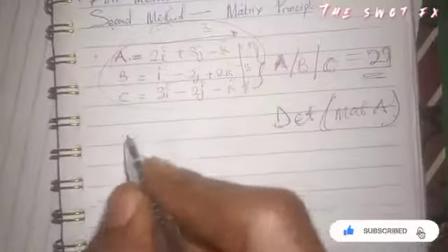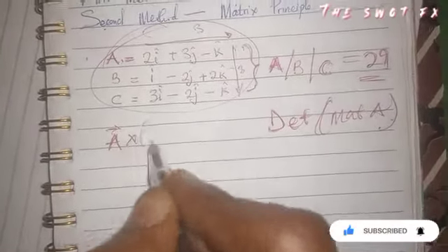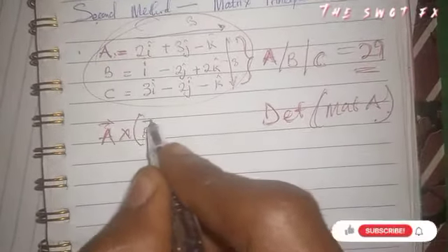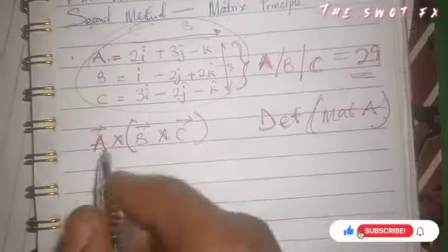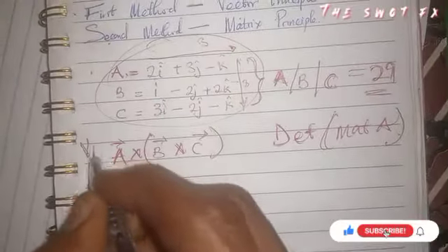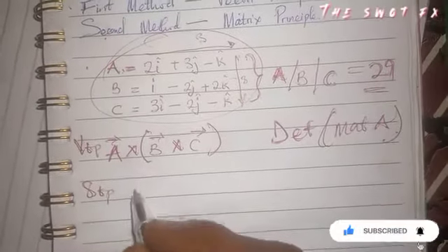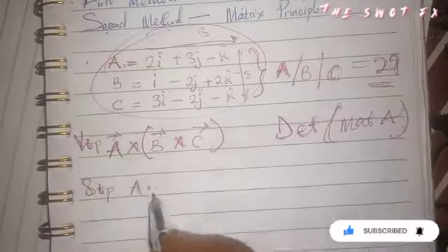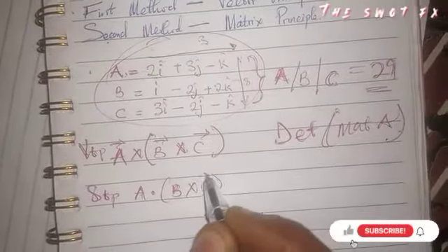Same thing as what we got when we used the scalar triple product method. So for this vector triple product, the method is just A times, or A cross B cross C. Then for scalar triple product it is A dot B cross C. That's just it.